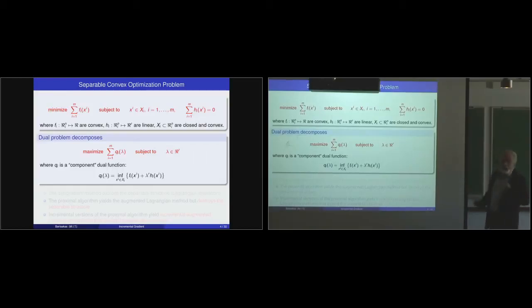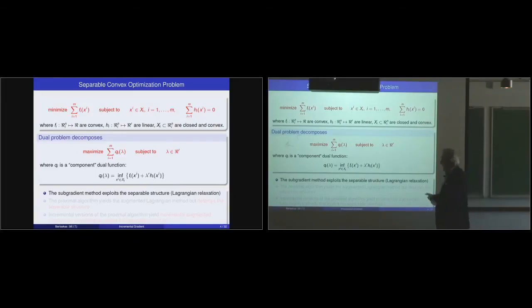Okay, now this decomposition is very classical. It goes to Lagrangian relaxation, which is used very widely in integer programming, Dantzig-Wolfe decomposition, all sorts of interesting methods. This problem has been at the center of large-scale optimization research for the last 50 years at least.